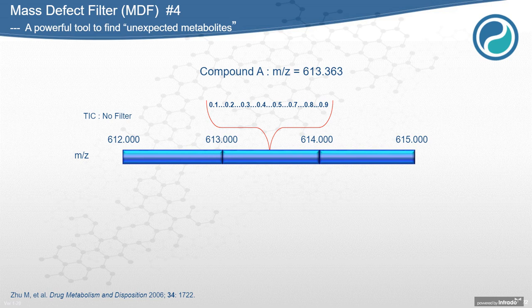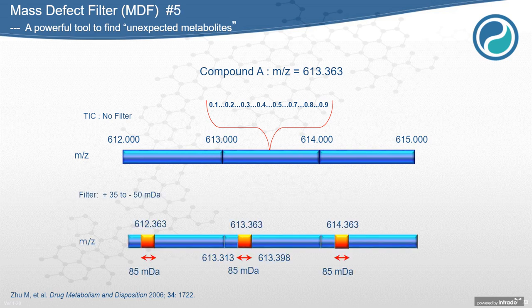But what we do with mass defect filtering, if you could go to the next slide, please, is we apply a filter. So the filter, this window, is about 35 millidalton higher than the exact mass of interest and about 50 millidalton lower than the exact mass of interest. So this orange block here represents that filter. So the block in the middle, around 613.363, shows us the area we would be collecting data from that one AMU.